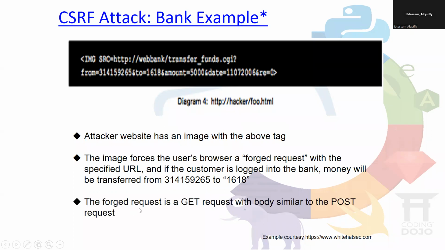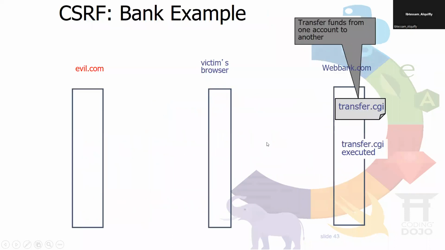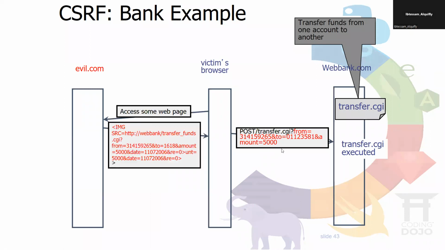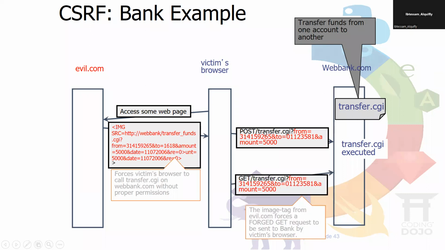Again, the forged request is a GET request with a body similar to the POST request, and this will be executed from the attacker's website. And this is how it works, guys. If you want to see how it works, you are authenticated to this website, and when you are trying to transfer money, this is the normal transfer page.